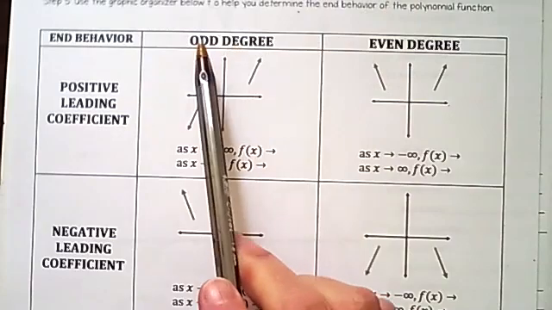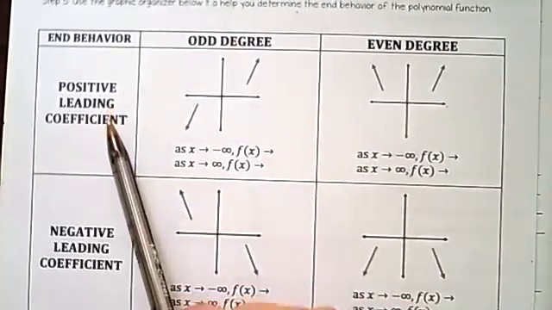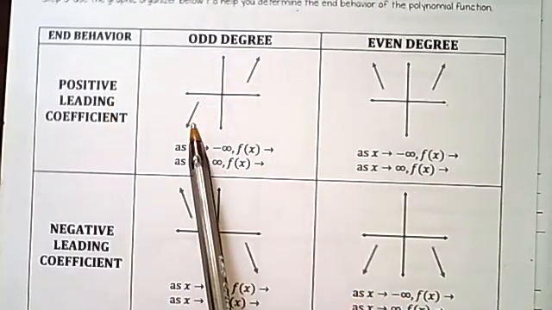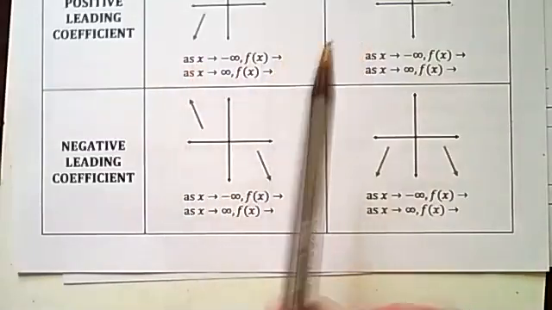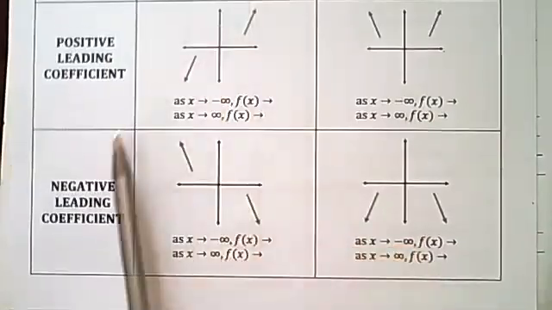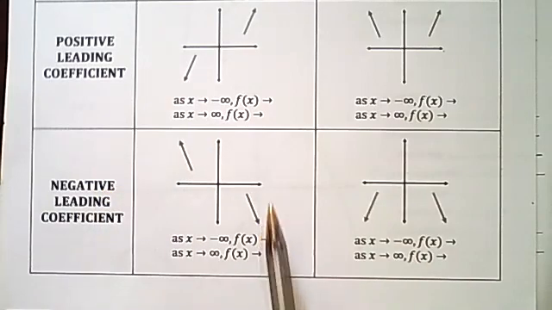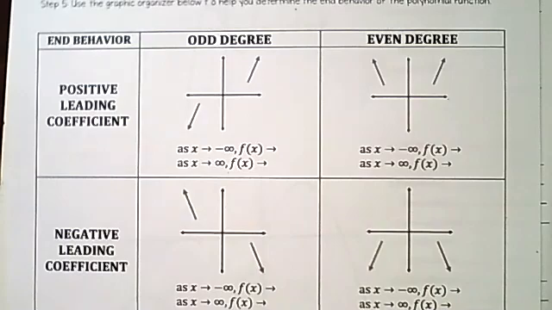An odd degree function with a positive leading coefficient, the right side would go up and the left side would go down. I'll fill in these blanks in a second. I just want to explain what this means. An odd degree with a negative leading coefficient, the left side would go up and the right side would go down. So odd degree functions, one goes up, one goes down.